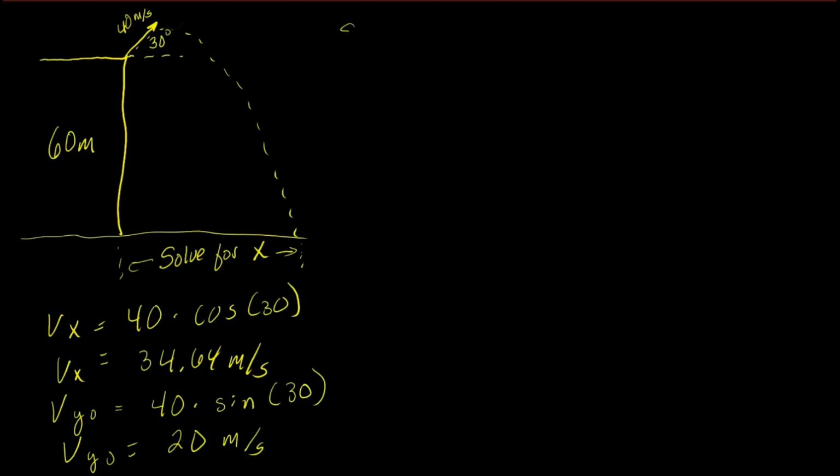We need to solve for time. So I'm going to say that y equals y sub o plus velocity y original times time minus 4.9 t squared.